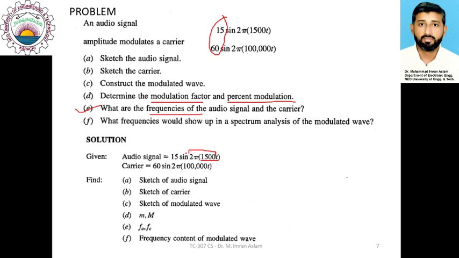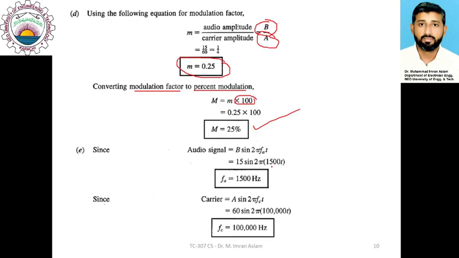So the audio signal has a frequency of 1500 Hz, whereas the carrier wave has a frequency of 100,000 Hz. So we can simply identify the frequencies present in the audio signal and the carrier wave, which come out to be 1500 and 100,000 Hz.